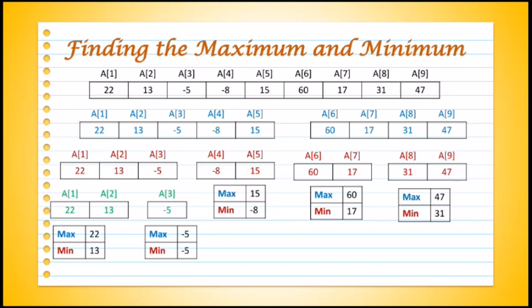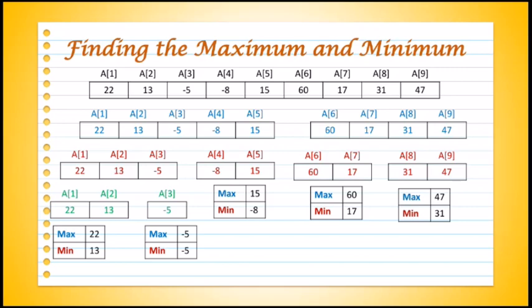First we will take the solutions of the first two arrays, that is maximum value 22 and minimum value 13, and from the second, maximum value -5 and minimum value -5. We will compare the first max with the second max and combine the answer.